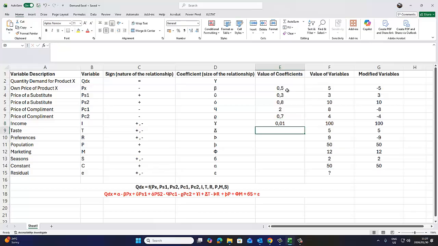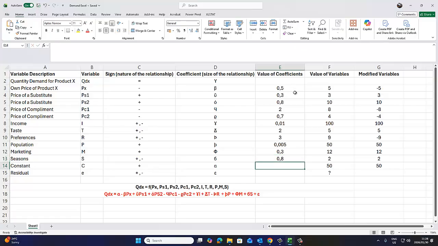Taste is let's say 2 again. Preferences is 3. Population is 0.005. Marketing is, let's make it 3. Seasons is 0.8, and the constant is the value.